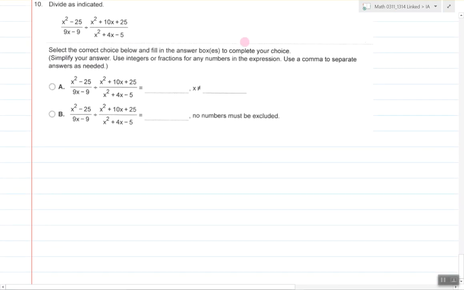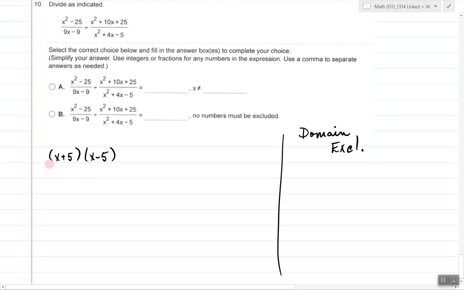All right, number 10. I'm going to divide, but I am going to look at my domain exclusions. I'm going to get at this division problem in factored form. This part is the difference of squares, so it's going to be x plus 5 times x minus 5 over, this denominator has a common factor of 9 times x minus 1 divided by, this numerator trial and error.